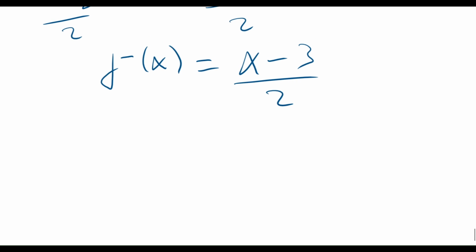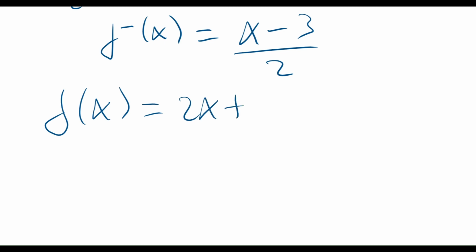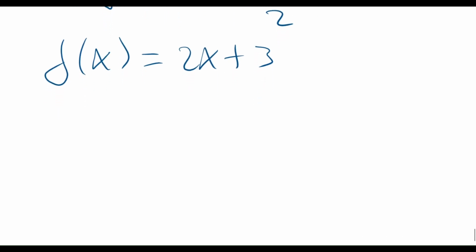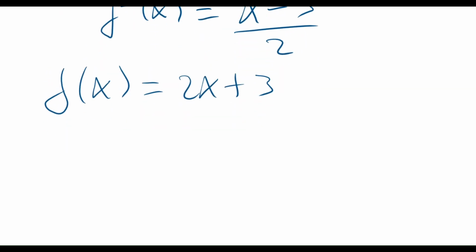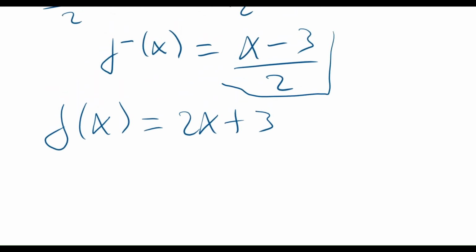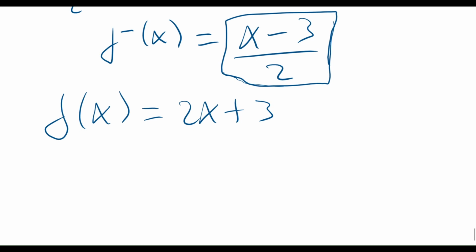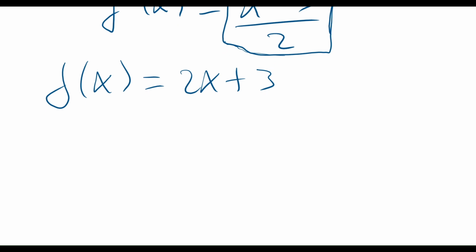So how can we prove that this is the inverse of the main function, f of x is equal to 2x plus 3? It turns out that in order to prove that this is the inverse of this function, we have to use the output of this inverse function as the input of our original function.